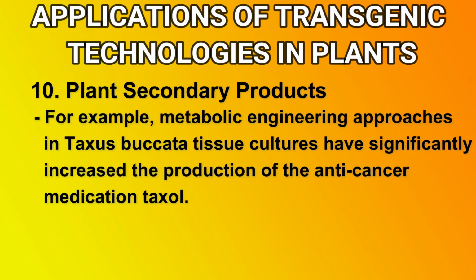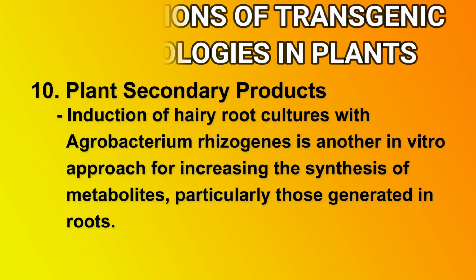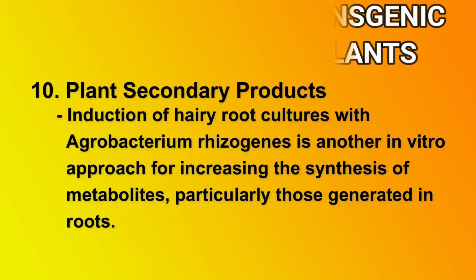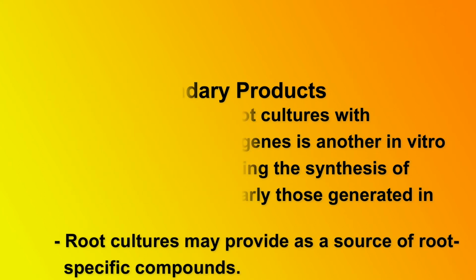For example, metabolic engineering approaches in Taxus chinensis tissue cultures have significantly increased the production of the anti-cancer medicine Taxol. Induction of hairy root cultures with Agrobacterium rhizogenes is another in vitro approach for increasing the synthesis of metabolites, particularly those generated in the roots. Root cultures may serve as a source of root-specific compounds.